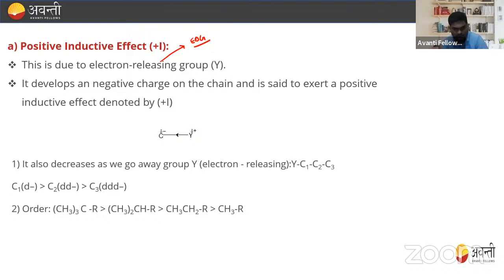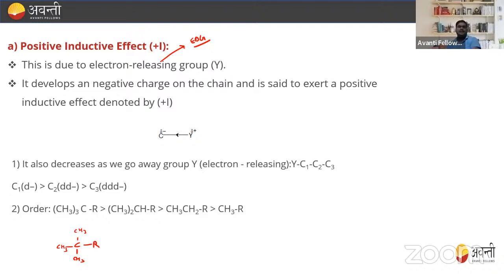Right? Now, for the order, we can say that a tertiary carbocation, for example, with this CH3, this CH3, and this CH3, and this is R, has the maximum. Why is this maximum?